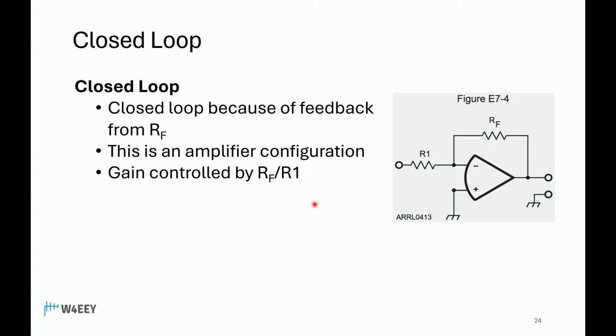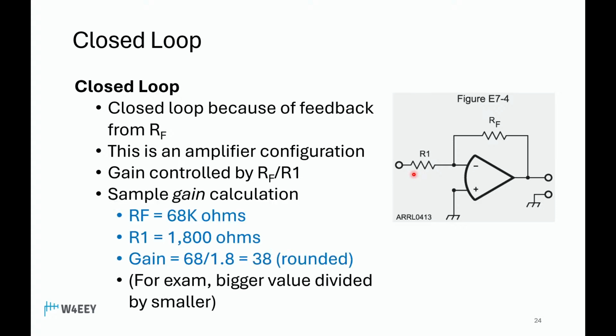The gain is controlled by RF divided by R1. And here's a calculation that we can do. I'm not going to actually show this with a calculator cam, but you can do it on your own calculator if you want, because it's so simple. So if the gain is RF divided by R1, if RF is 68K, R1 is 1.8K, you need to have these in the same values, or the same units.